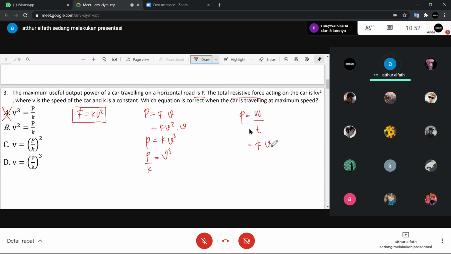Sometimes you can use this to solve the problem, or sometimes you must use this. It is conditional, depending on the information you obtain from the question. So I hope you read questions carefully, word by word. Don't read the questions too fast.